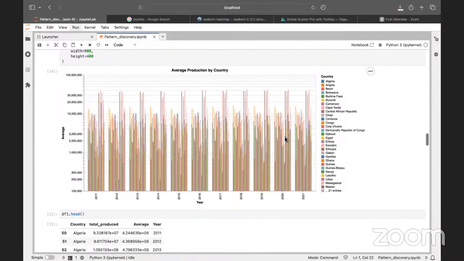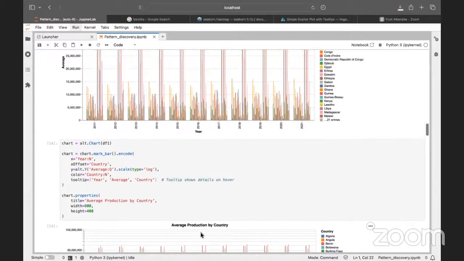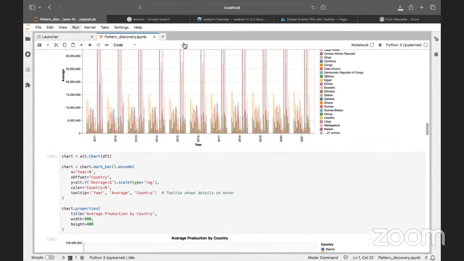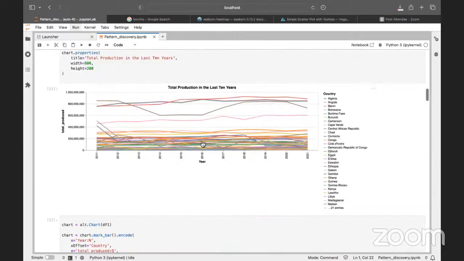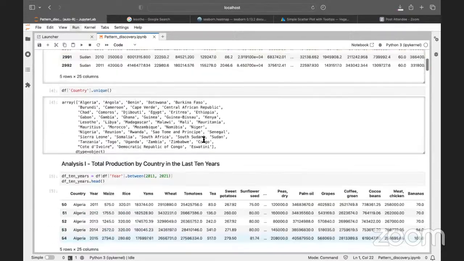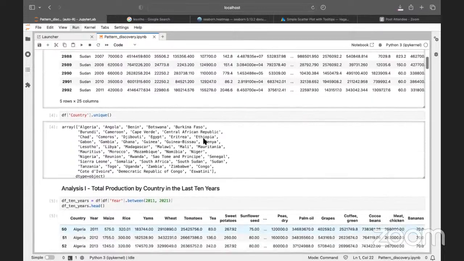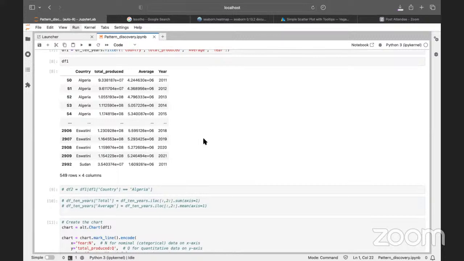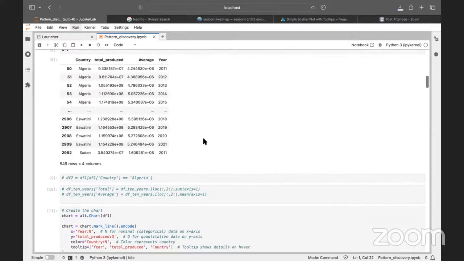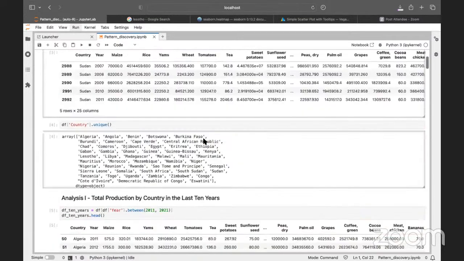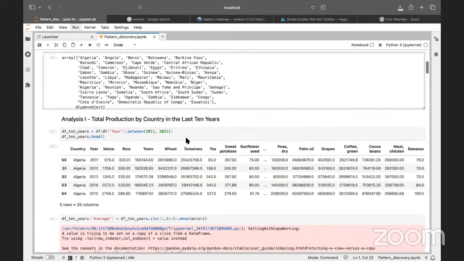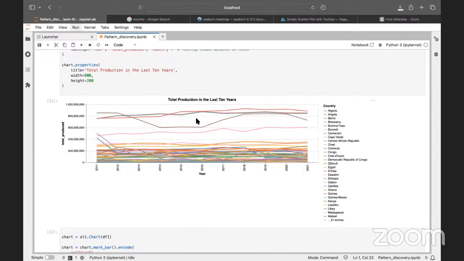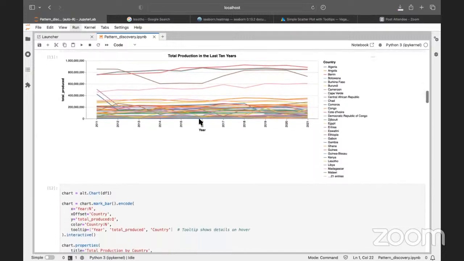So in our last class, we were working with the food production data sets across African countries. Some of the things that we did was to look at total food production in the last 10 years.